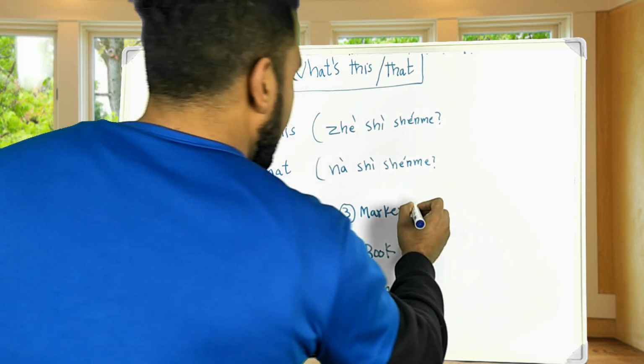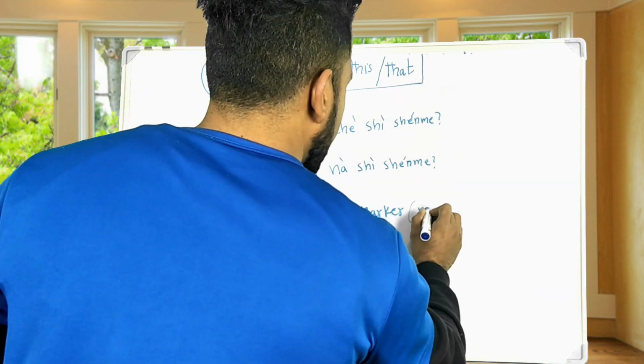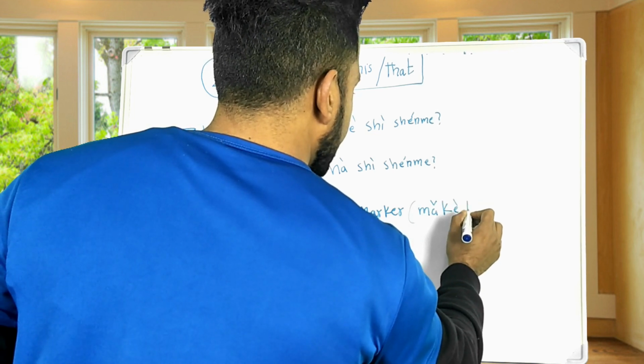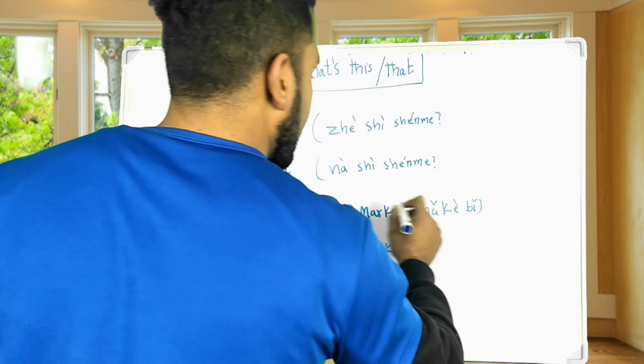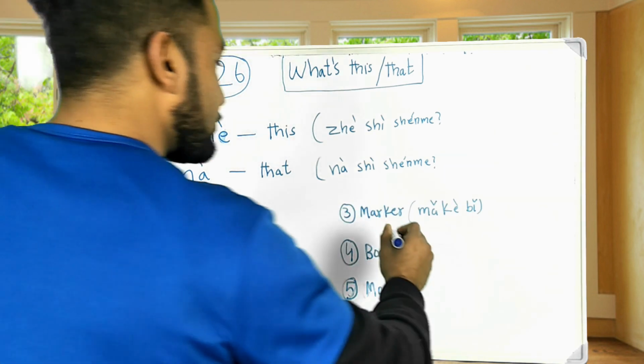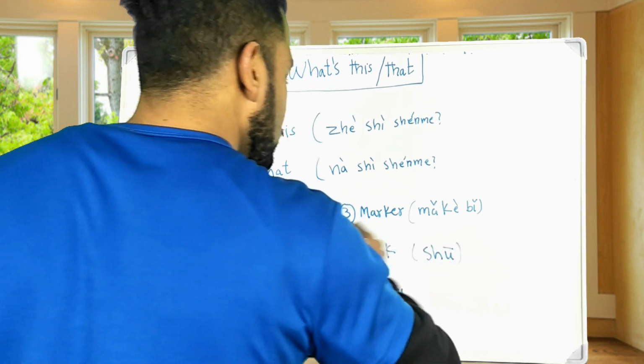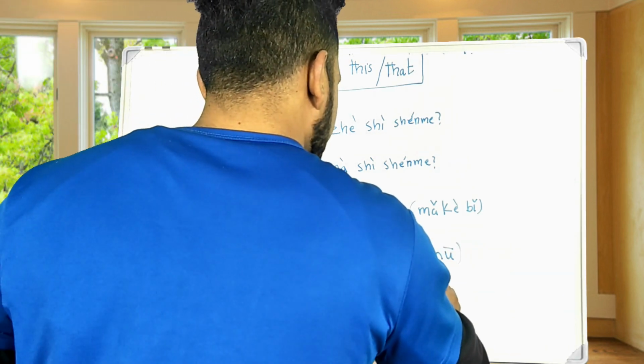Marker is 马克笔. Book is 书 and money is 钱.